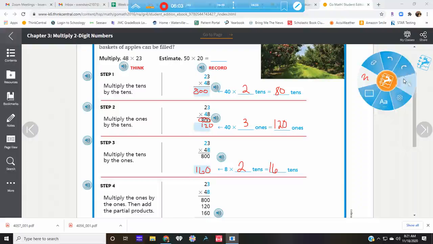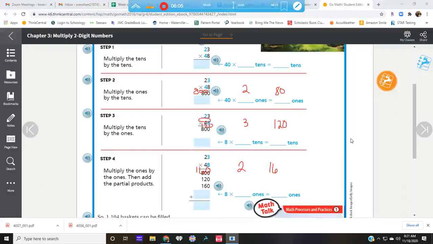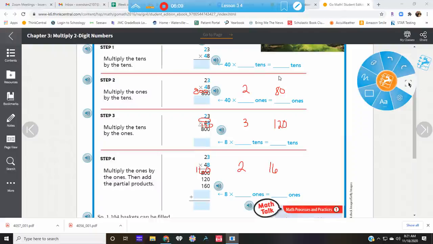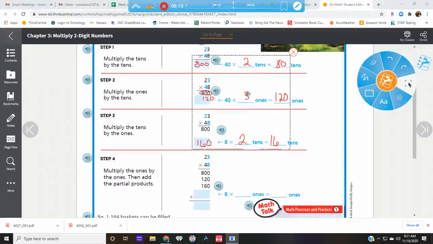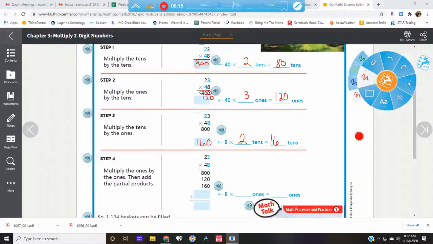So let's move down here. I'm going to just lasso this real quick. Alright, so our last one here is 8 times 8. It's my favorite one. 8 times 8 fell on the floor. Pick it up.